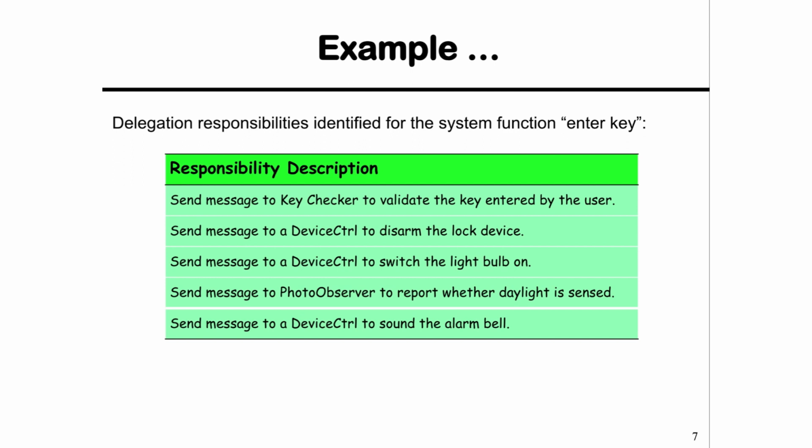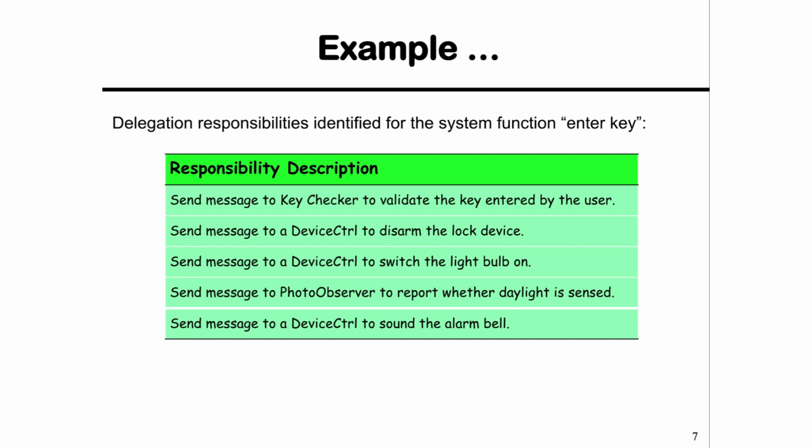If the user intends to enter his or her house, he or she has to enter the key to the door lock system. So the delegation responsibilities of an object responsible for this system function enter key could have the following responsibility descriptions.